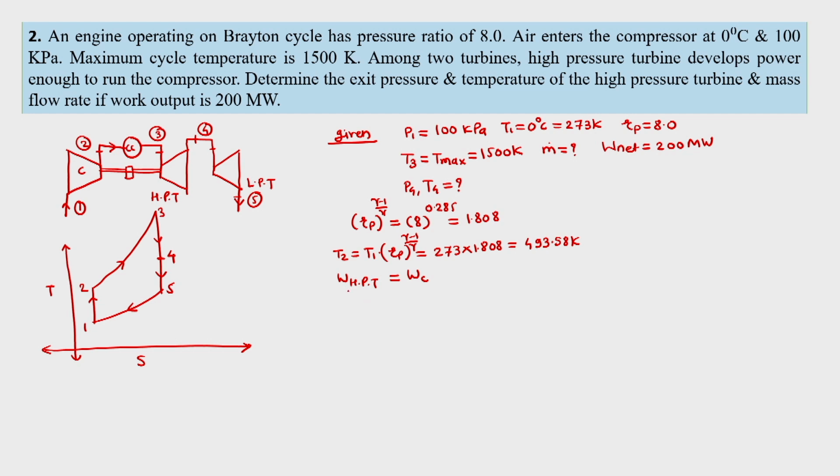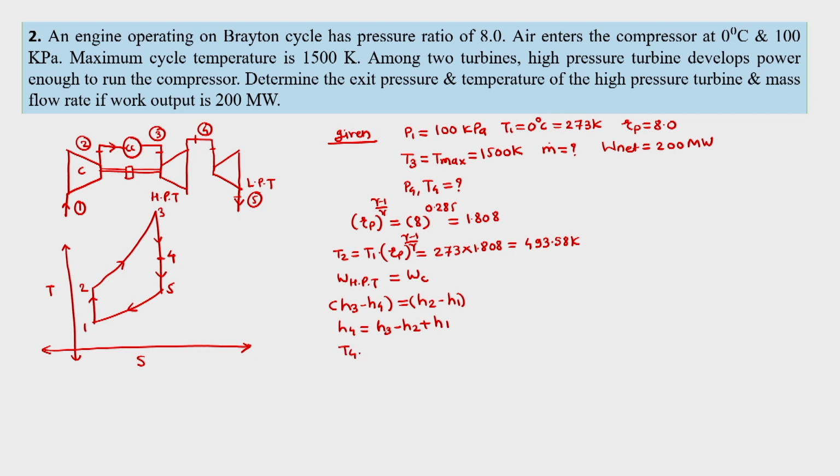We are told that the work done in the high pressure turbine is equal to the work input to the compressor. We know that work done in the high pressure turbine is H3 minus H4, and work input to the compressor is H2 minus H1. So we can take specific work here since m dot would get cancelled. In this perspective, we can say H4 is equal to H3 minus H2 plus H1.